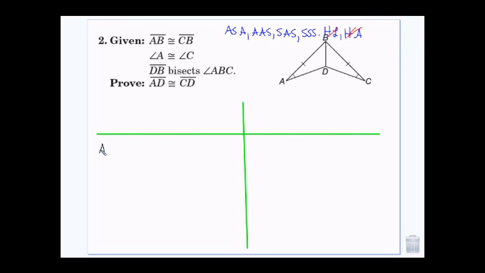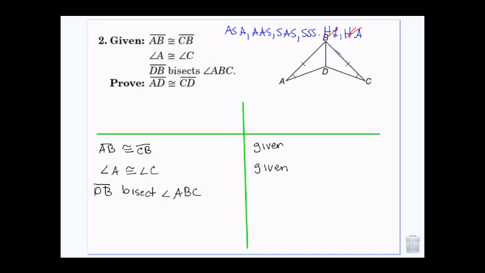I've got AB is the same length as CB. That was given, and it's already marked. And I have angle A is the same as angle C. That's already been given and already marked. And then my next given statement is DB bisects angle ABC.